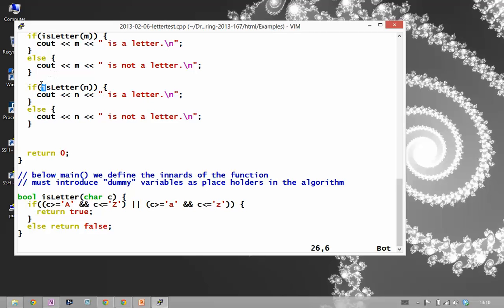So what it does is it evaluates this thing in here. How do I evaluate it? I take this n, I plug it in down here for C. It's going to turn into true or false. That's the return value. So this true sort of comes back in this Boolean slot. It'll be either true or false. And then if it's true, it does the top part. And if it's false, it does the bottom part.